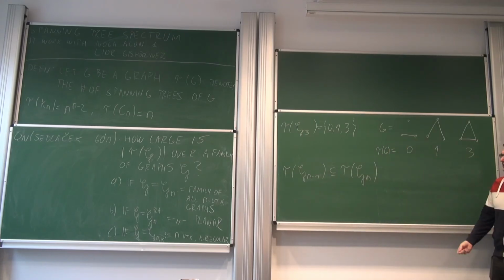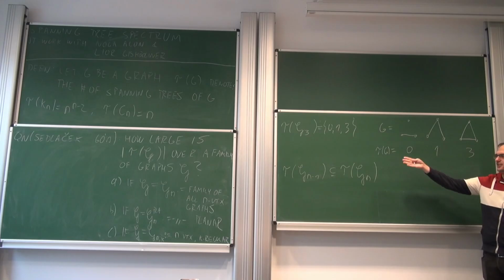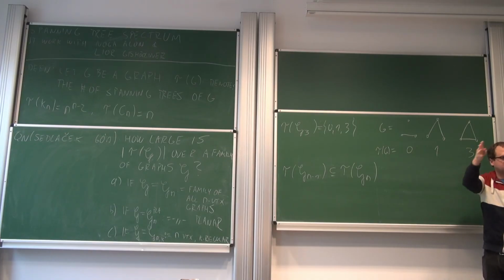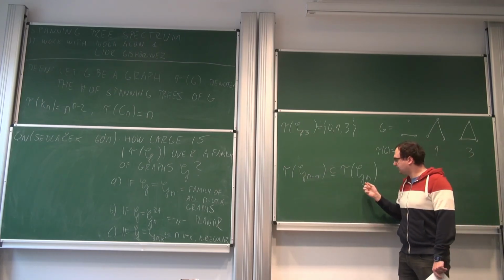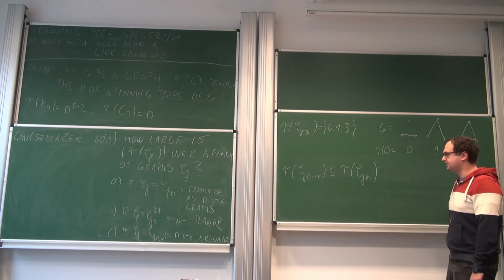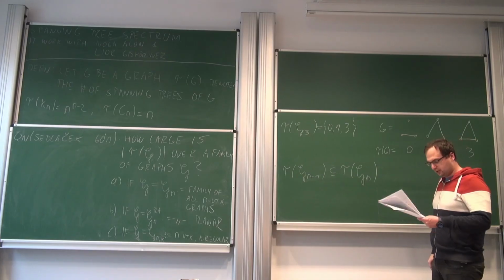And this is easy because for any graph that you have on n-1 vertices, if you just add a single pendant edge, that will keep the same tau, right? If you want a spanning tree, you need to use that edge, and the rest is just what happened on the n-1. So whatever you can hit with n-1, you can hit with n. So these sets just get bigger and bigger, and are nested subsets of each other.